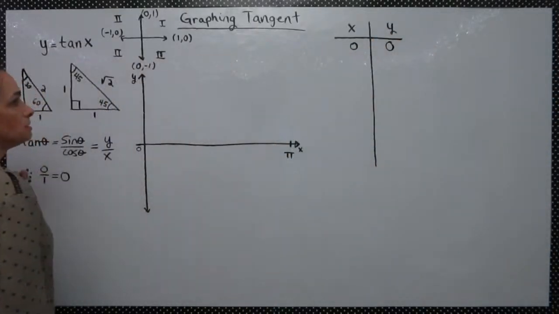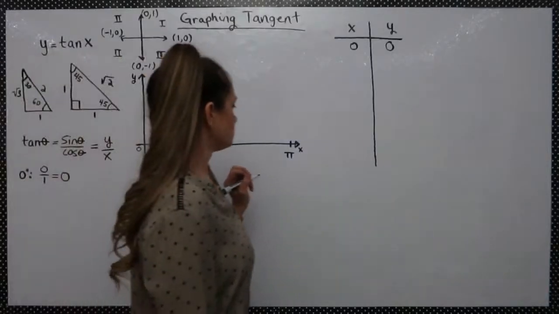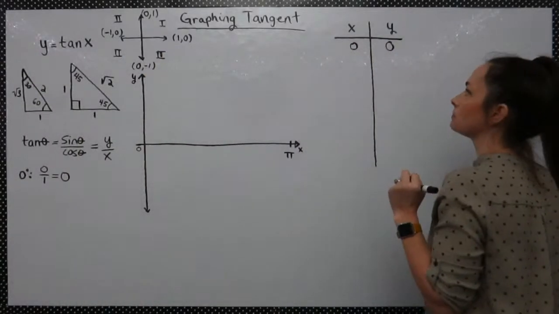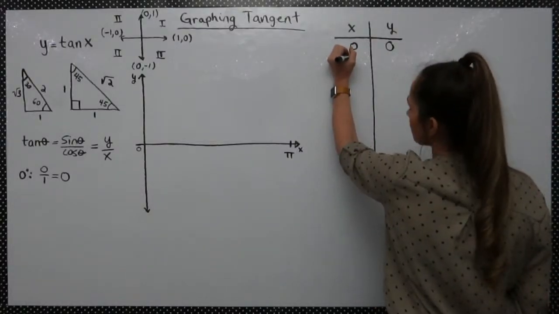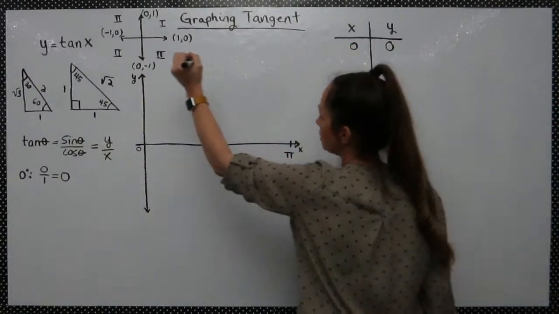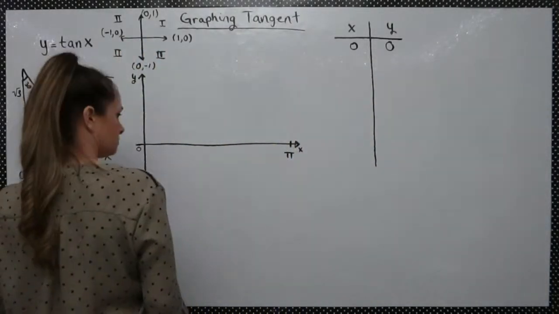And then we're going to go to, let's see, how am I going to split this up? Okay. So on that first quadrant of the unit circle, I guess I'll have to use a little bit.